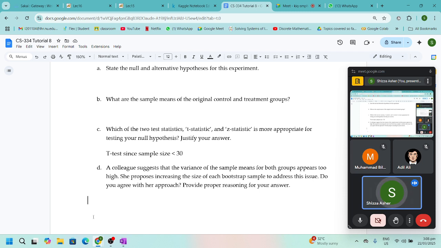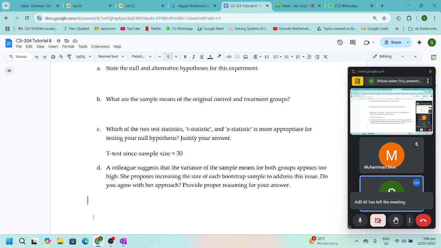I'm going to pause for a few seconds again and give you guys the chance to think about this. All right, is this a good solution or is it not?